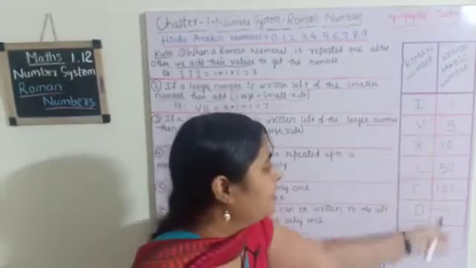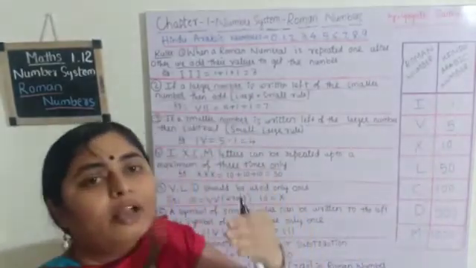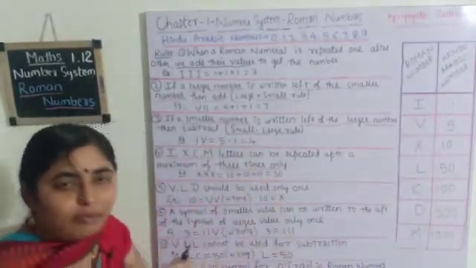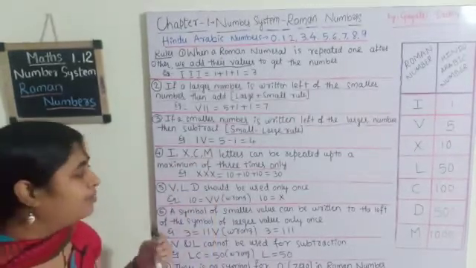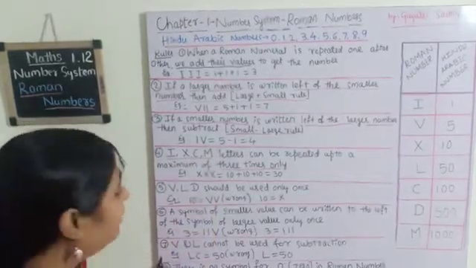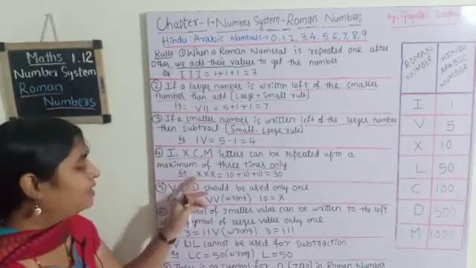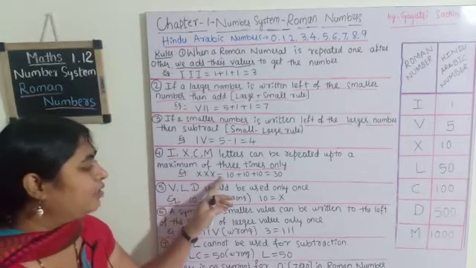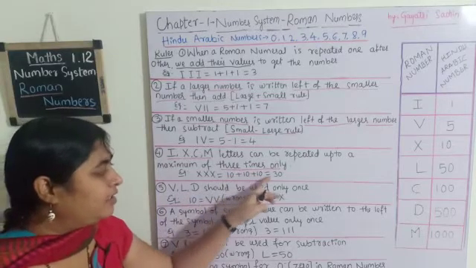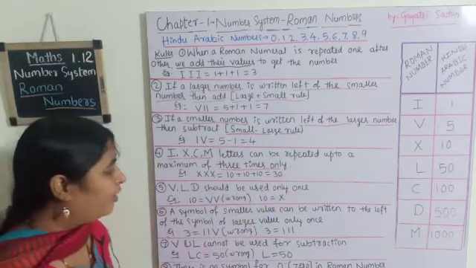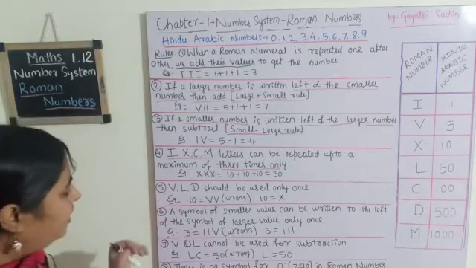It's very easy for us to remember. These can be repeated a maximum of 3 times. Whenever I want to write 30, how can I write it? X, X, X. That is 10 plus 10 plus 10, which equals 30.